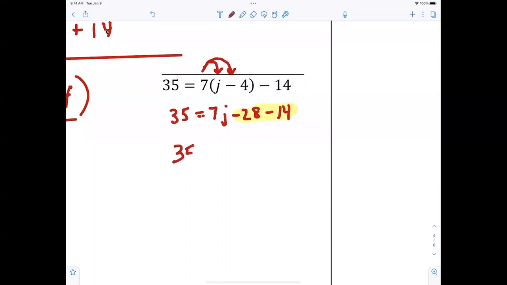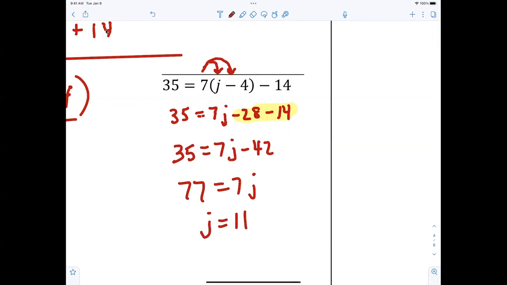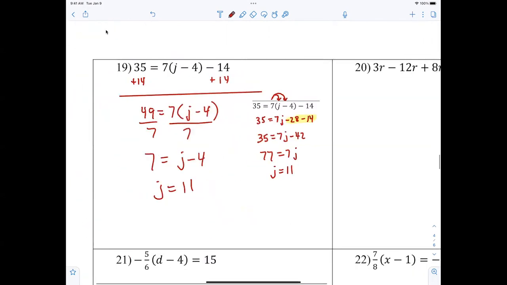So 35 equals 7j minus 42. Now I add 42 to both sides. That's 77 equals 7j. j equals 11. Same answer, do you agree? Look how much more work that is. A lot more.